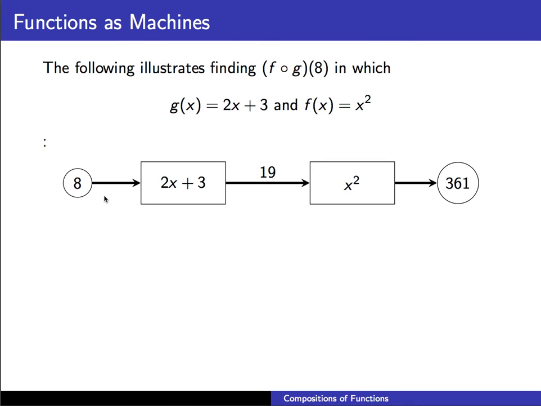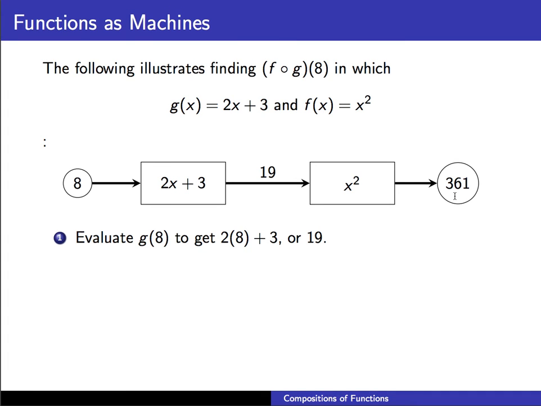So if we give g of x an 8, it's going to double 8 and add 3 and give us 19. Then we're going to take that 19 and plug it into f's function, which is going to square whatever you give it. So if we take 19 and plug it into x squared, we're going to get 19 squared, which is 361. So again, the first thing we do is we evaluate g of 8, and we get 19 from that. Then we take that 19 and plug it into f and get 361.